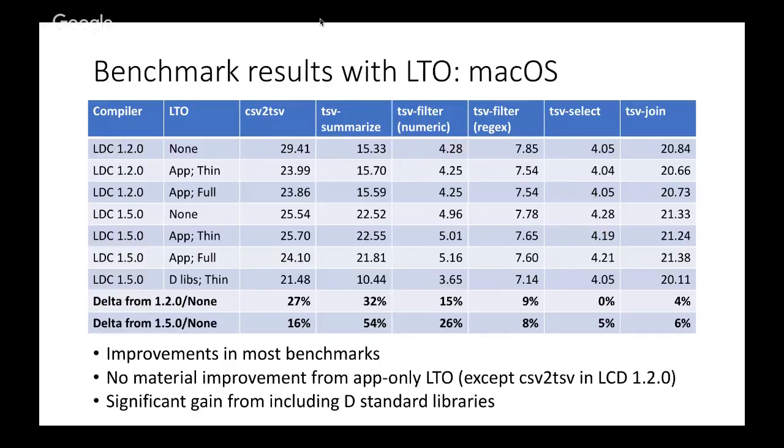For TSV Join, if I really wanted it to be dramatically faster than it is, I'd just write my own hash table. Then you wouldn't be able to use the D built-in associative arrays, right? Yeah, that's what I'm using. Totally okay, agree. But my goal in this is, these are real tools, and I really use them on files this large and larger.